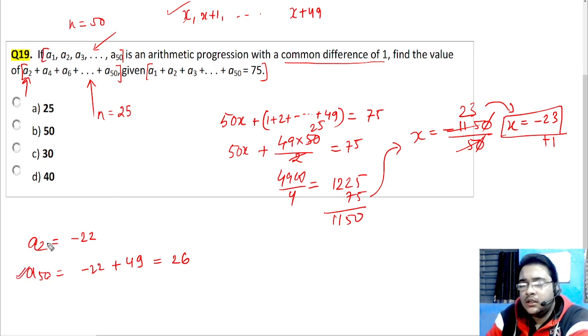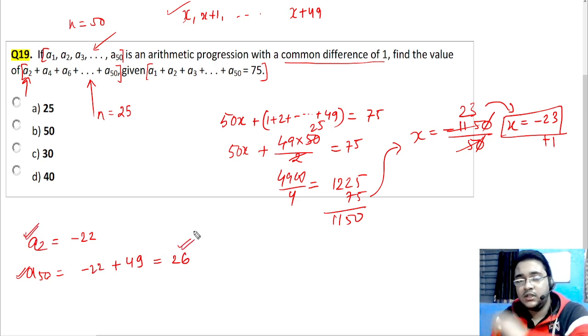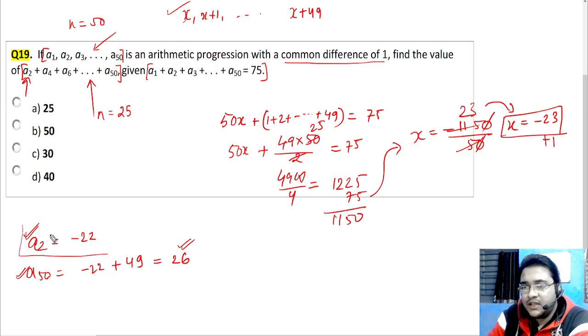Now the first term is there. I'm talking about the next sequence. See how the juggling happens in my brain, the first sequence, the second sequence. For the second sequence, this is my first term, this is going to be my last term, and there are a total of 25 terms.